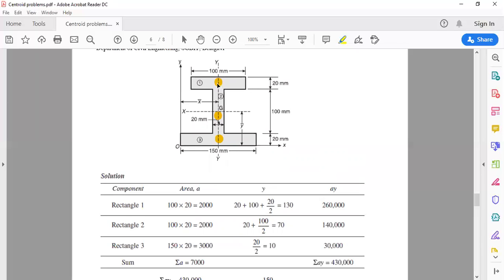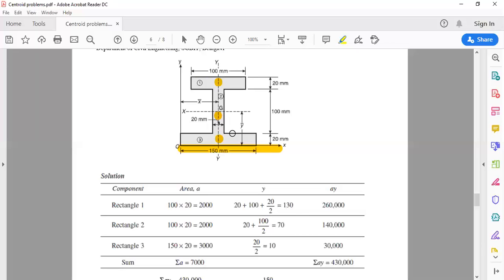Y1 is the distance between the reference x-axis and the individual centroid. So this is the individual centroid, and the distance between this centroid and the reference axis is 20 plus 100, which will get me to the base of the first rectangle. And from the base, the distance of the centroid is 20 divided by 2, that is 10. So it is 20 plus 100 plus 20 divided by 2, which will give me 130.